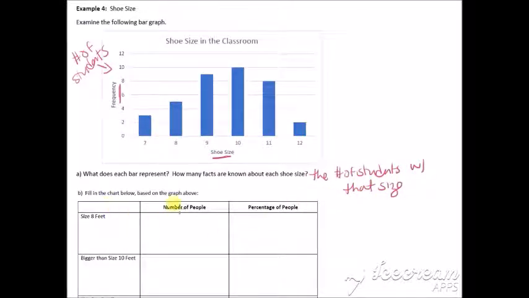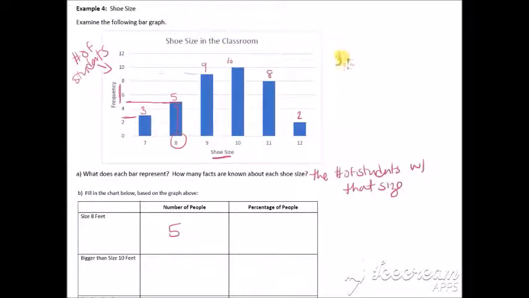Okay, and then we're going to fill in this chart below. Okay, size 8 feet, how many people have size 8? So we look, we're going to come over here, 5. And percentage of people, well, if you actually think about it, let's calculate the total. So there are 3 people here, 5 people here, 9, 10, 8, and 2.